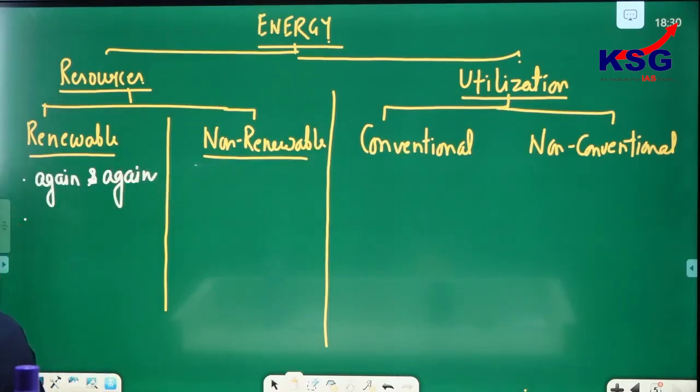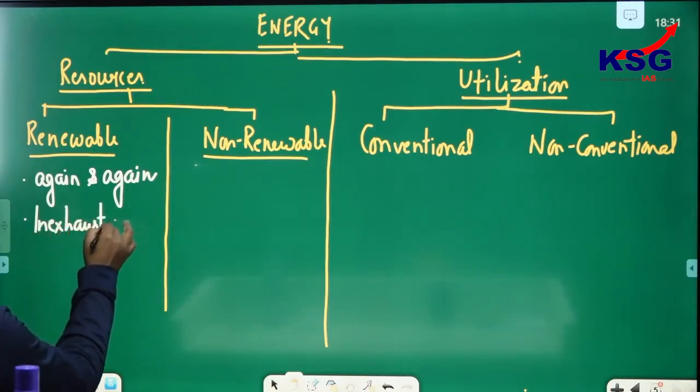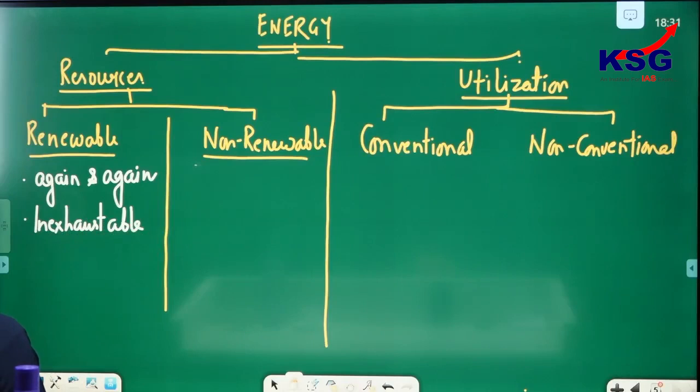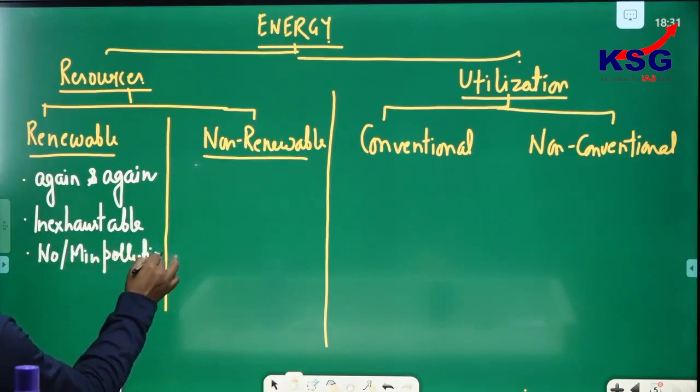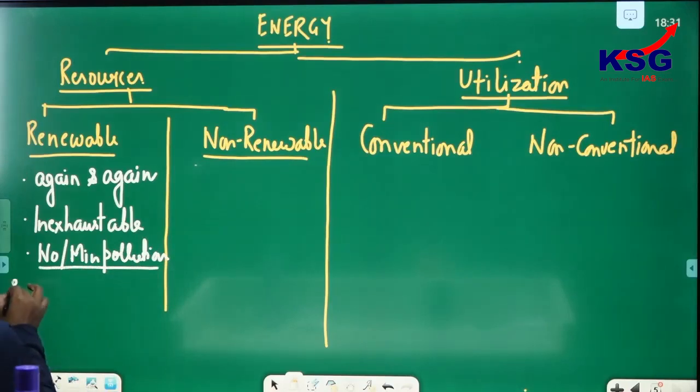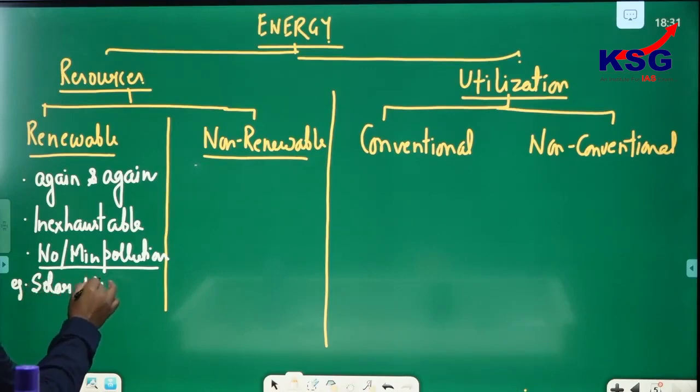Why can we use them again and again? Simple, these are inexhaustible. Inexhaustible means they will never run out. There is no pollution or minimum pollution. Many examples you people know very well; I am also writing them, you just note down: solar energy, wind energy, ocean energy.